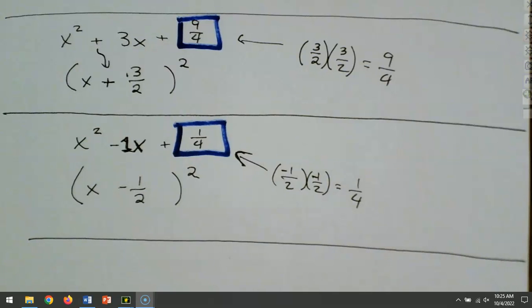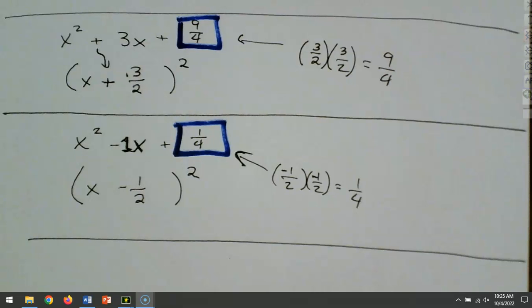Now let's look at a couple of these from our textbook. And I'll pick these out of the textbook so that we get circles that have a nice center and a nice radius. Let's look at question number 29.